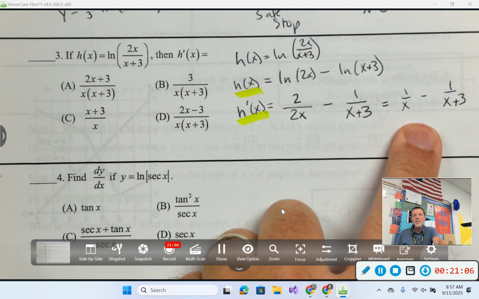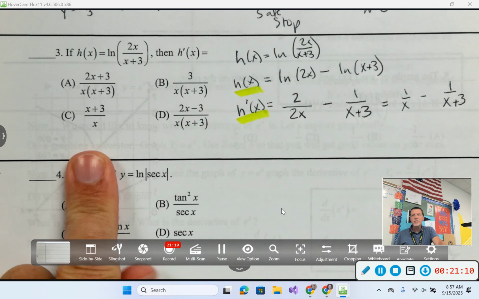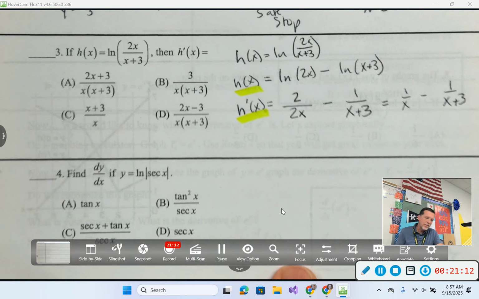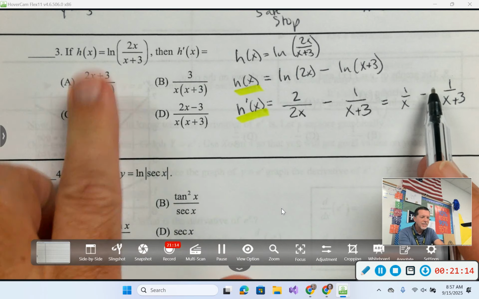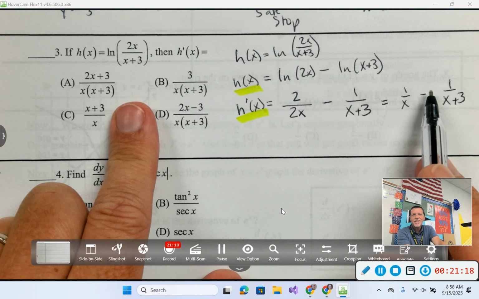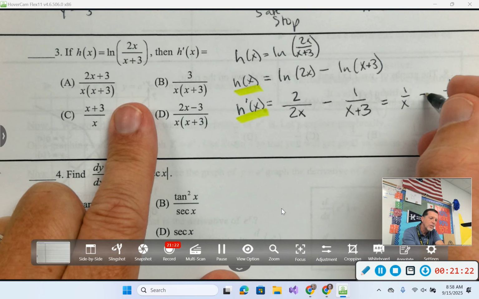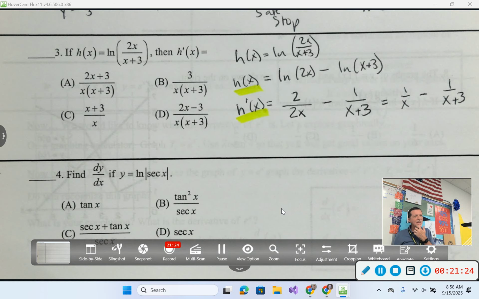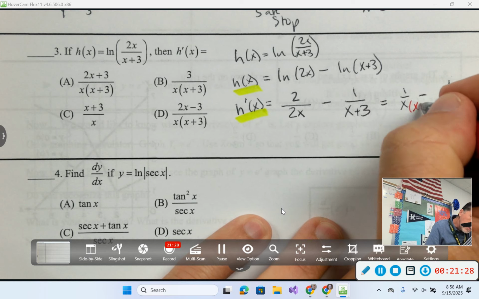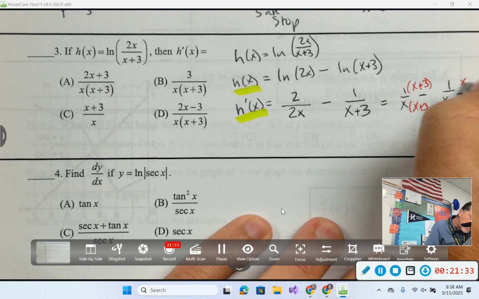I contend this answer is right, but why isn't it one of my answer choices? Like, how do I get from here to answer choices? Algebra all-stars. What does it take to add fractions? Common denominator. So this one needs an x plus 3. This one needs an x.